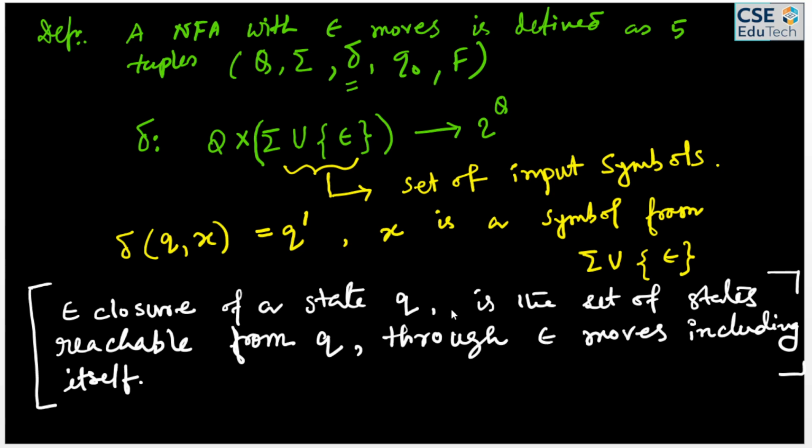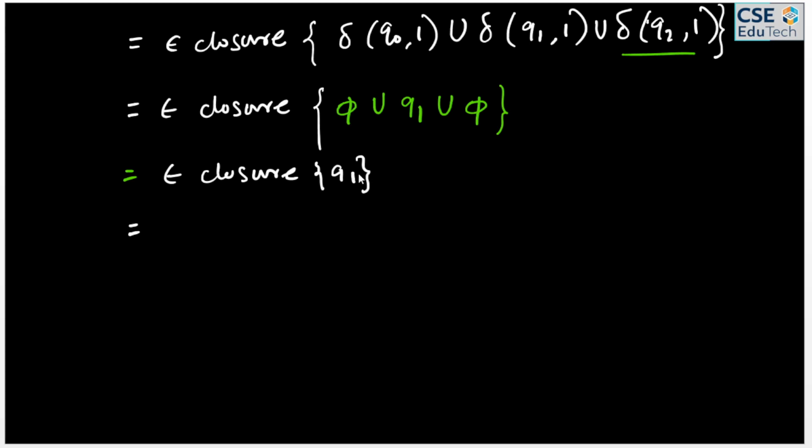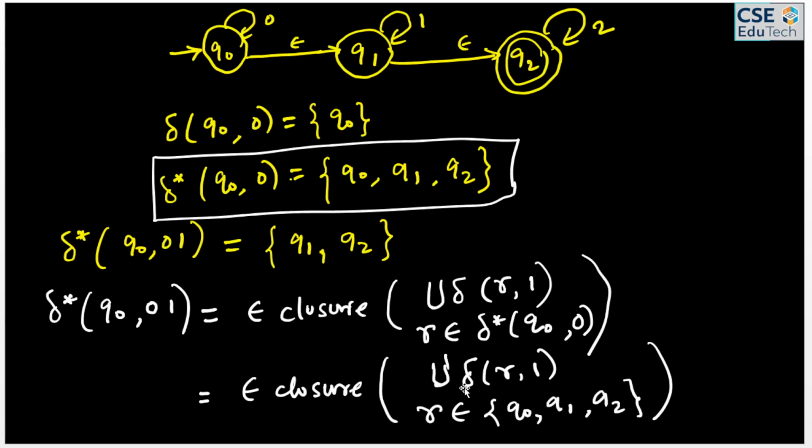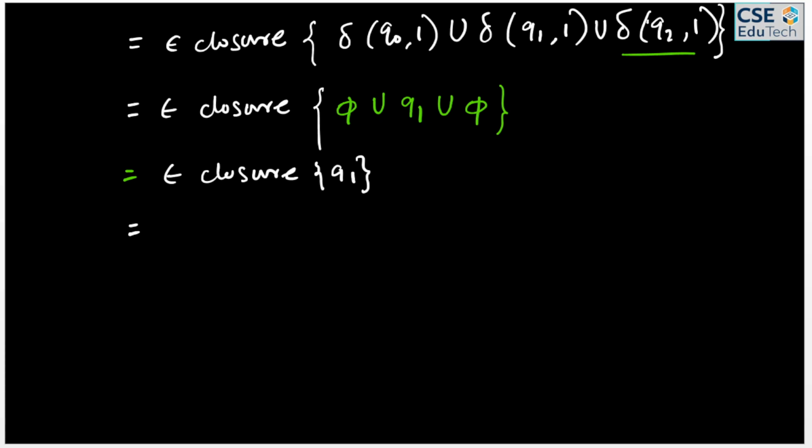Epsilon closure of Q1 means it returns the set of states that are reachable from Q1 through epsilon moves, including itself. From this diagram, from Q1 through epsilon moves, we can move to Q2, and including itself, that is Q1. So the epsilon closure of Q1 will be Q1 and Q2.